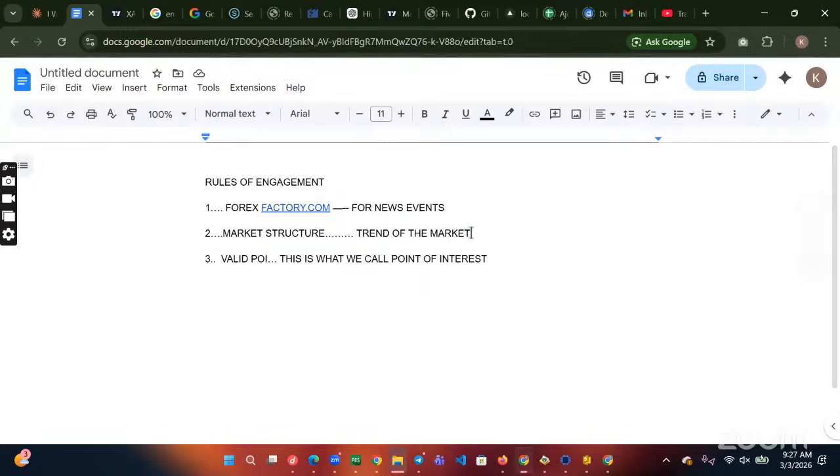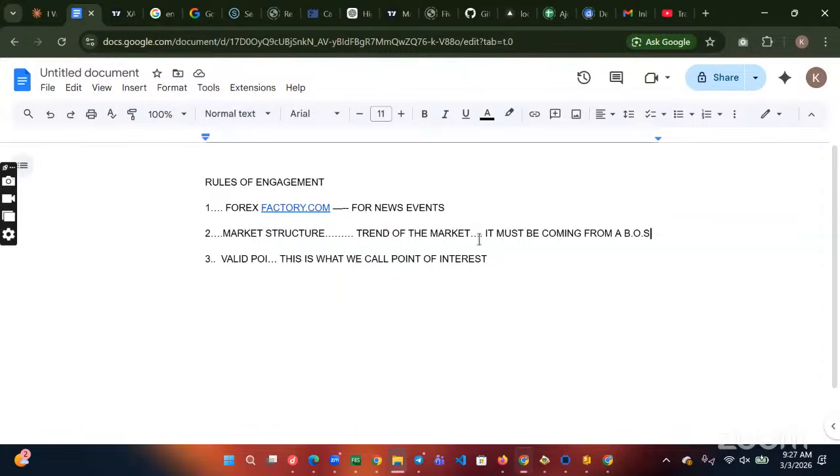By market structure, it must be coming from a break of structure, because I want to force myself to make sure that I am trading with the trend.